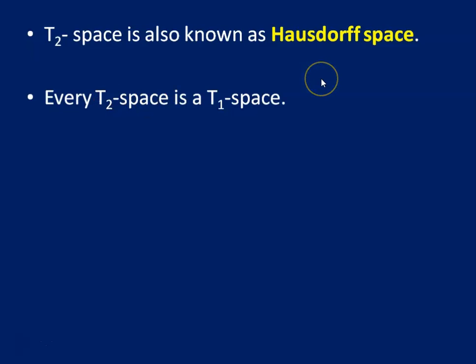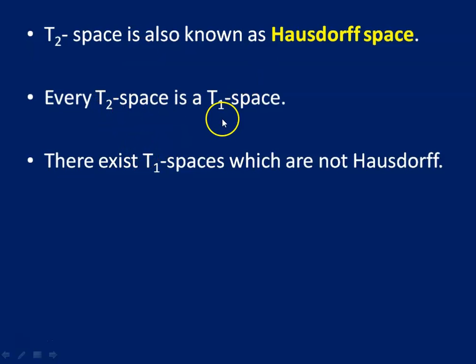From the definition of T1 space and T2 space, it is very clear that every T2 space is a T1 space. In the case of a T2 space, the open sets are disjoint, but in the case of a T1 space, they may not be disjoint. So if we have a topological space which is T2, that is obviously a T1 topological space.